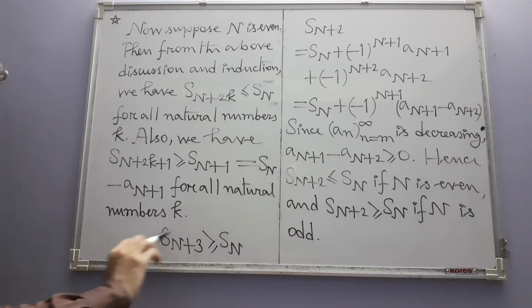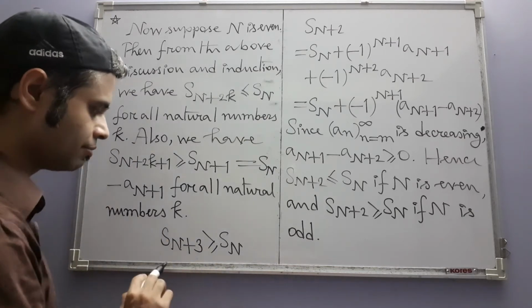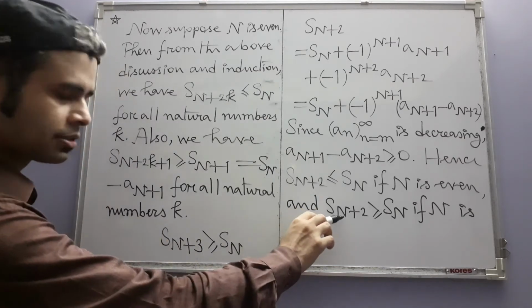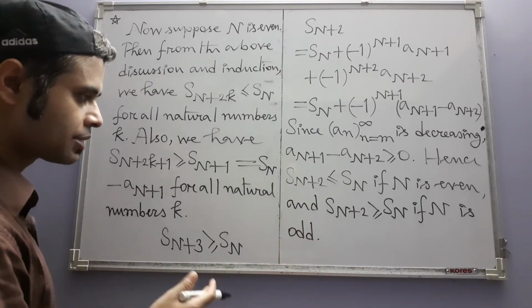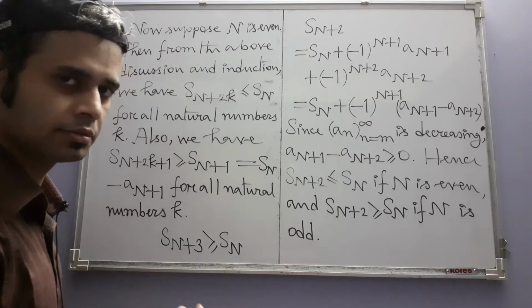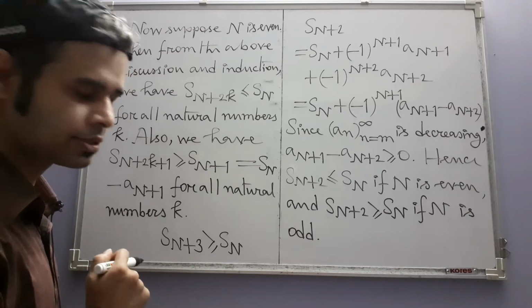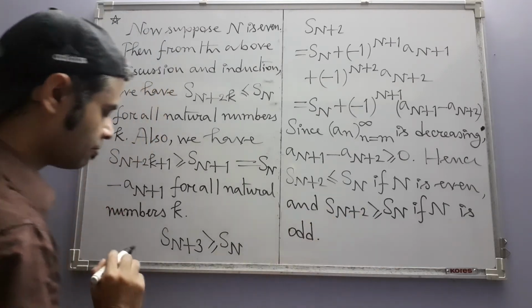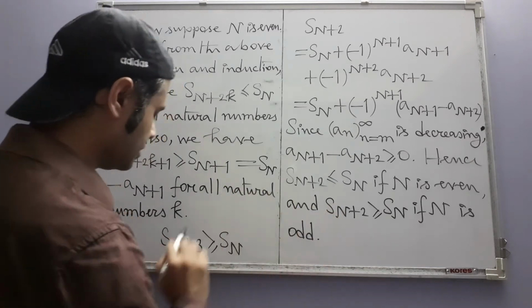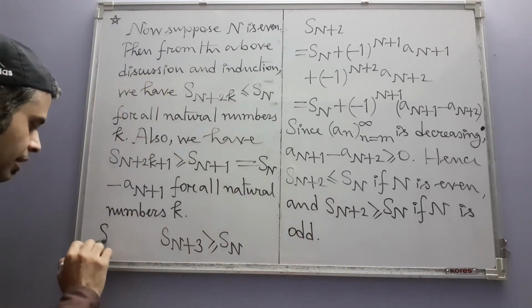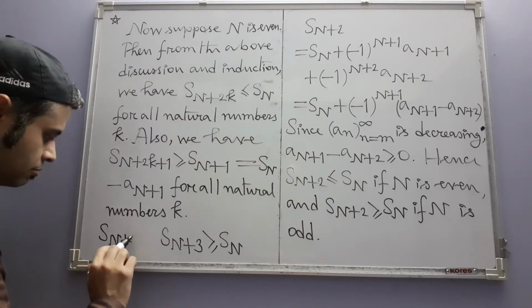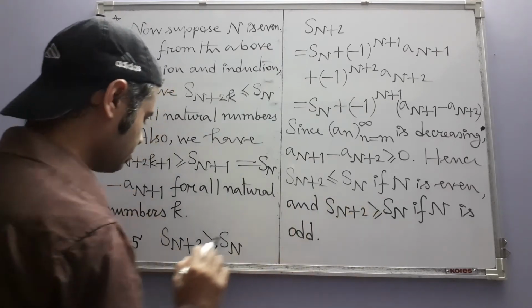Then here also again, if you replace n with n plus 3, because n is even, n plus 3 is odd, so this inequality works. So this side will become Sn plus 5 and that side will become Sn plus 3.